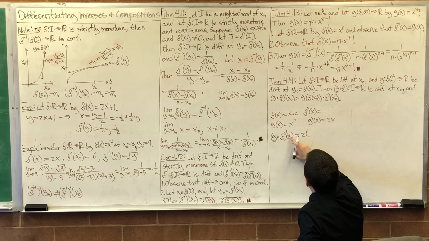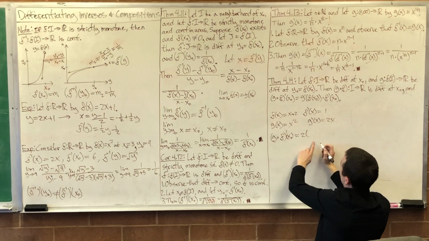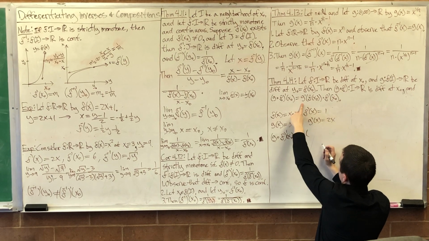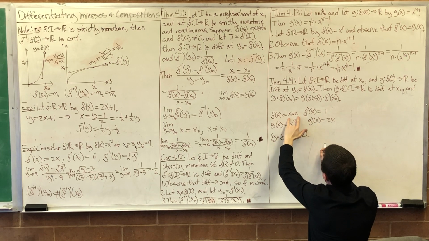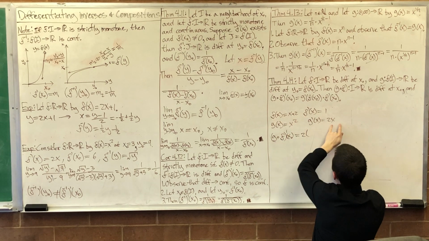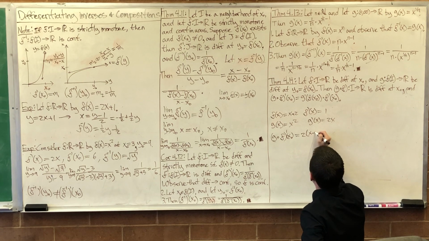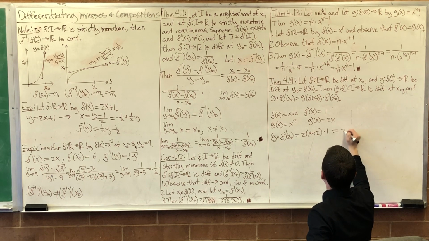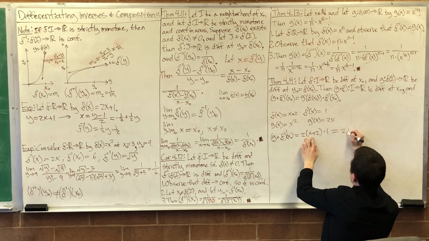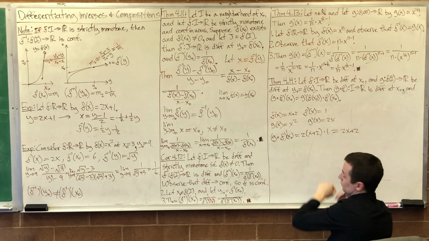We can just do that at x. So I'm plugging in f of x into g prime of x, so x plus 2 in here, times f prime of x is just 1, so that comes out to 2x plus 2.